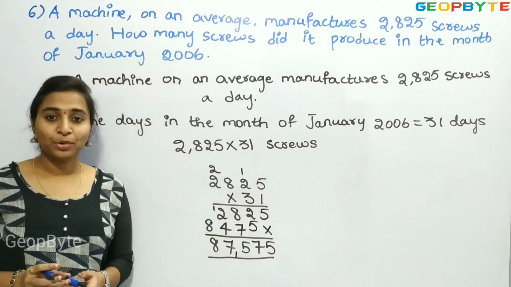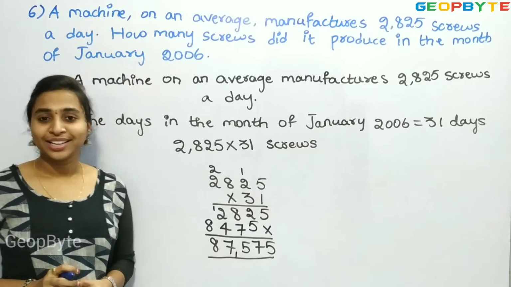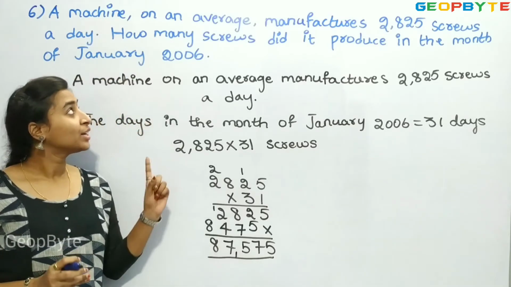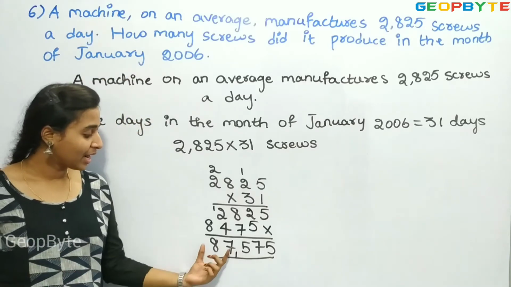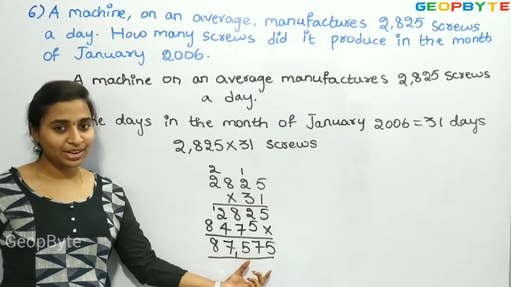So the total number of screws manufactured in the month January 2006 are 87,575.